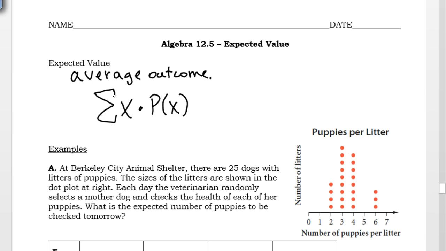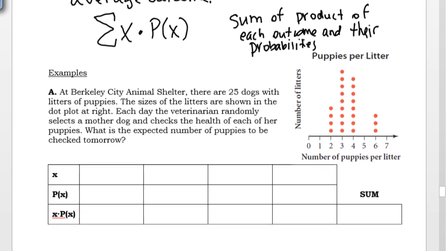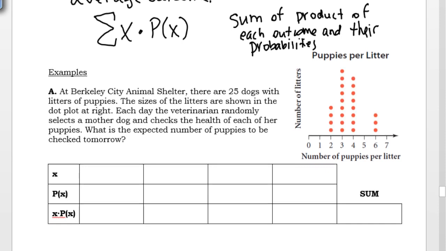Now that looks kind of funny in the symbols, but it's the sum of the product of each outcome and their probabilities. But I have some wonderful tables set up that makes this process pretty simple and straightforward.